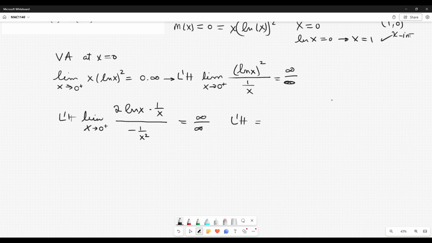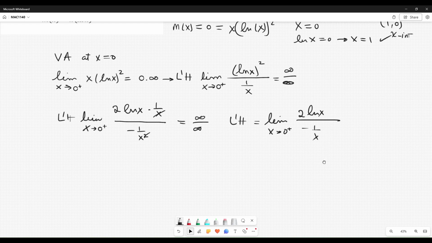But before that, I want to simplify a little bit. This is the limit when x approaches 0 plus of 2 times ln x divided by negative 1 over x, because we simplified 1 over x with 1 over x. Now ready to apply L'Hopital rule.